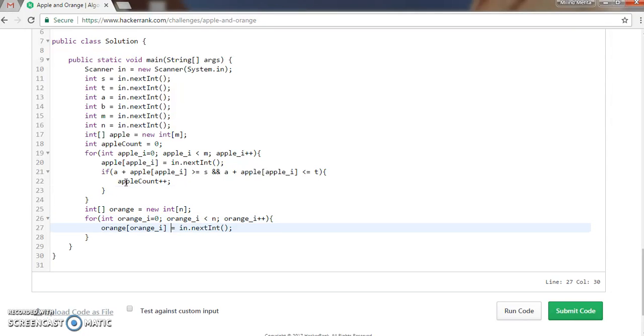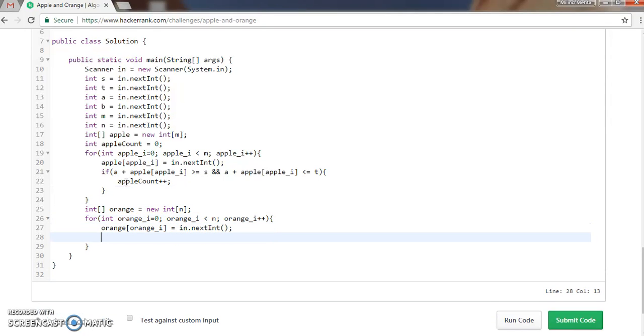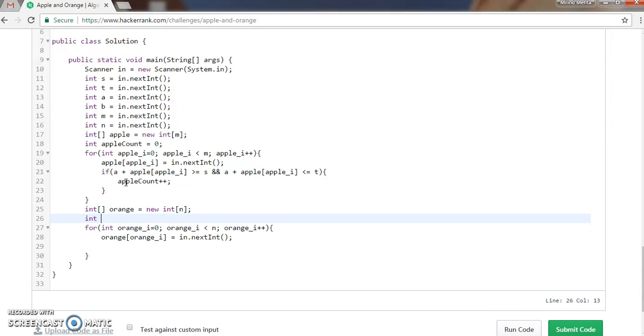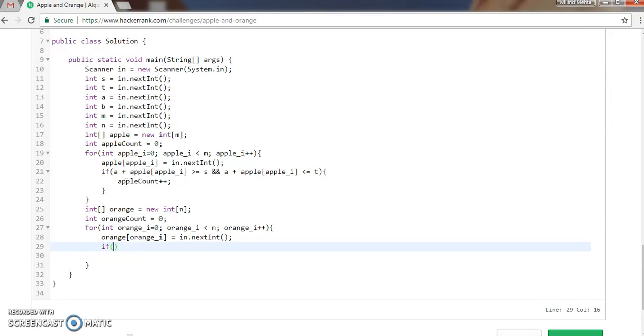Okay. So the same thing we need to follow for the orange as well. So we will take one variable, integer orange count is equal to 0. So here if B is the orange tree location, what we need to do?